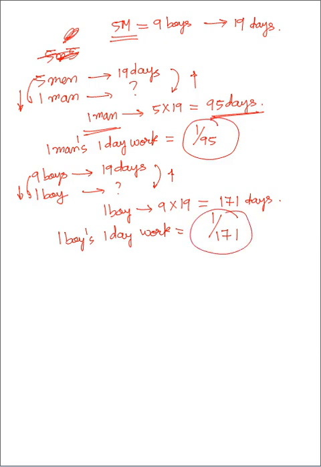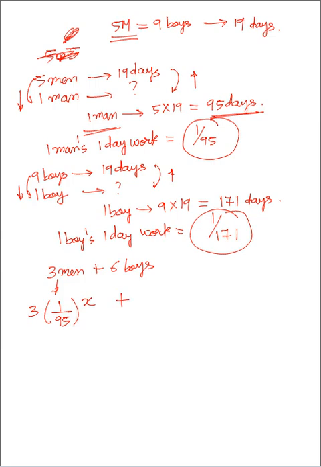Now in the question they have given 3 men and 6 boys. Now 3 men means 3 multiplied by the men's 1 day work, which is 1 by 95. But how many days he is working, I don't know. That I have to find, so that is x. Plus 6 boys.